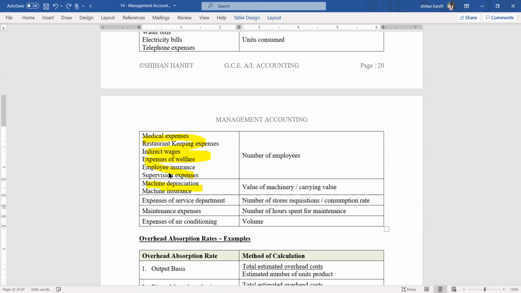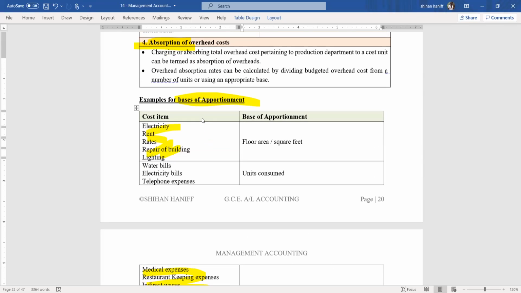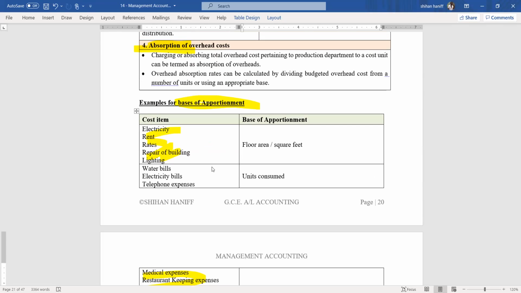Machinery depreciation, insurance and all, you can take the machine values. Service department expenses, you can use the requisition note. So likewise, we can use different bases for the apportionment.